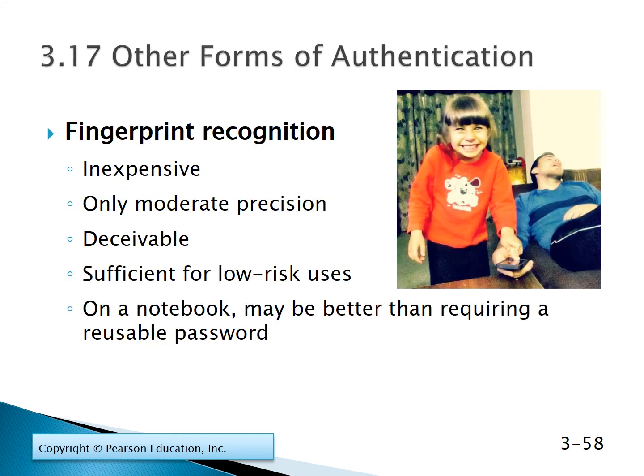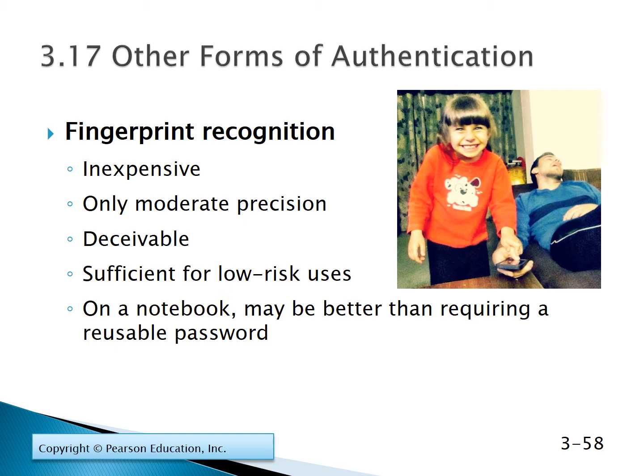So just a little bit more about fingerprint. It's inexpensive, and the technology is also mature, but the precision is not highly accurate, it's just moderate. As it's deceivable, it's sufficient for low-risk uses. Unlocking the phone usually is okay.